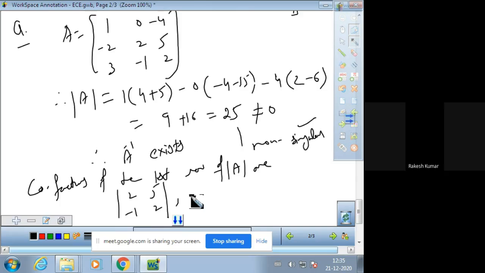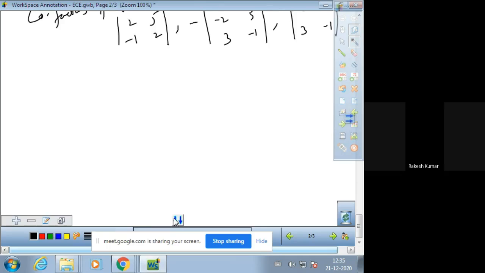This is your first minor. The second minor will be minus 2, 5, 3 and minus 1. The last minor is 2, 2, negative 3, minus 1. Now you can find the cofactors of the first row. This comes out to be 9 and this comes out to be 19.